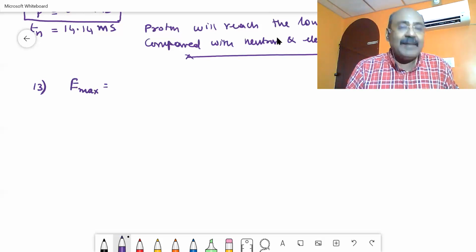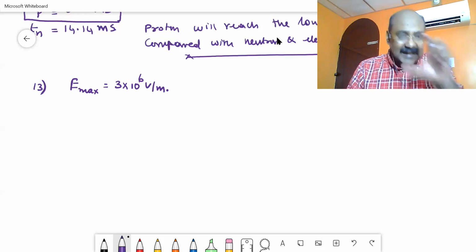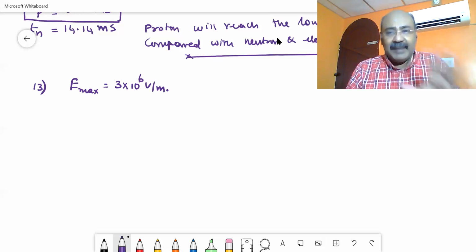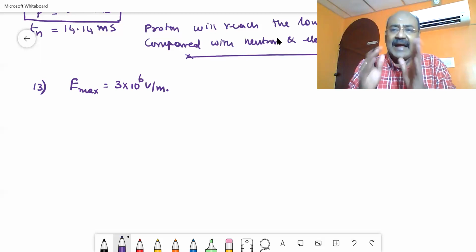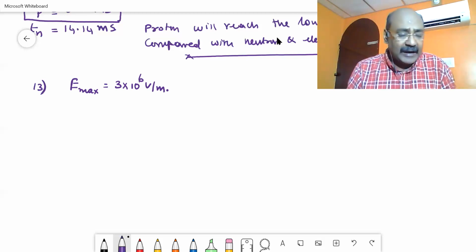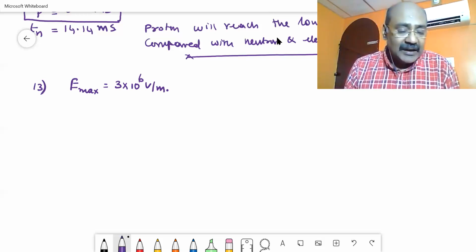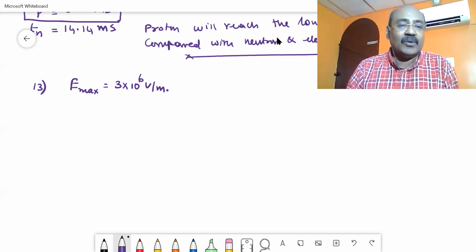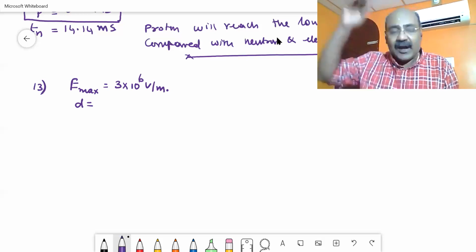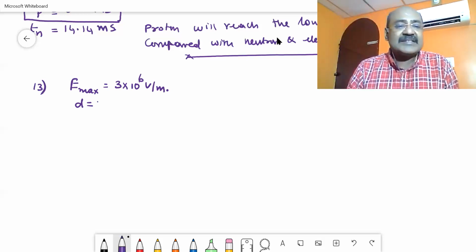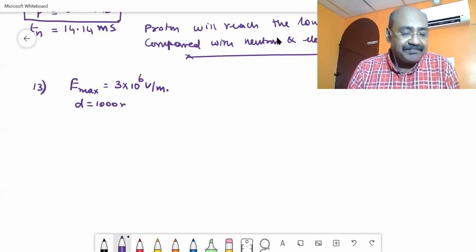The value of Emax is considered to be 3 into 10 to the power of 6 volts per meter. At this electric field, lightning will occur because the air atoms will get broken down. The question asks: if the bottom part of the cloud is 1000 meters above the ground, the distance between the cloud and the ground is 1000 meters.